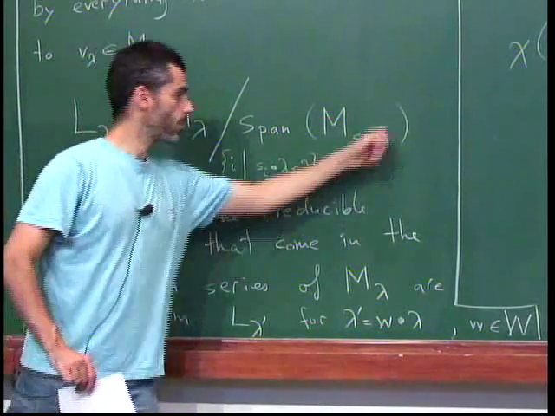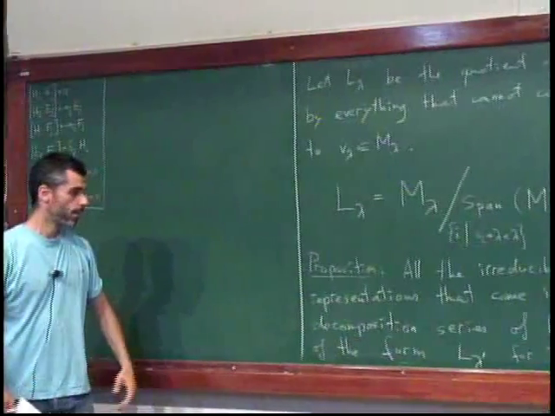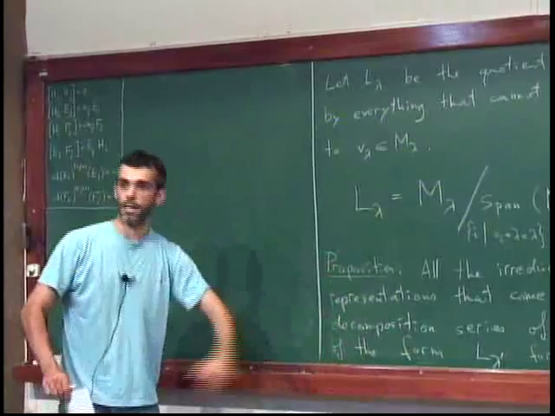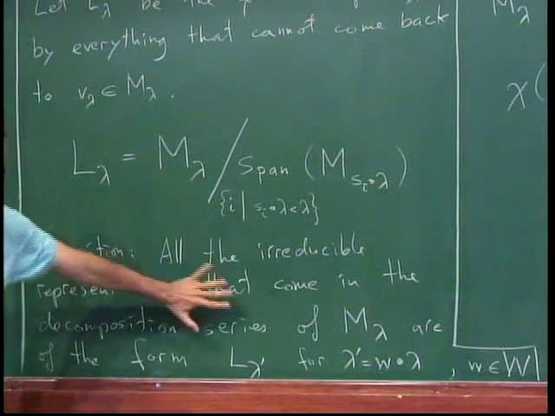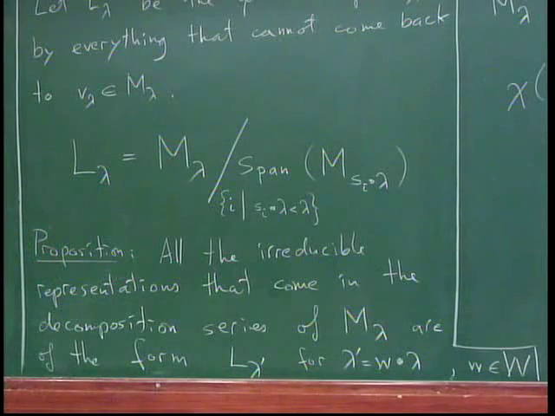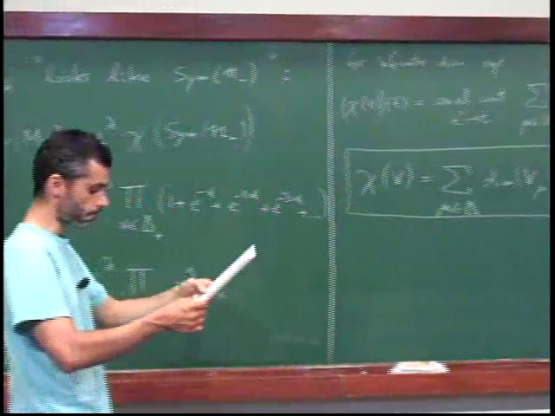And then I have the irreducibles in there, and you go on and you go on, and you find more things, but the statement is that that's all you find. You have nothing else. I'm not claiming to have given a complete argument for that, but this is something that I'm going to use to compute the character of L lambda.